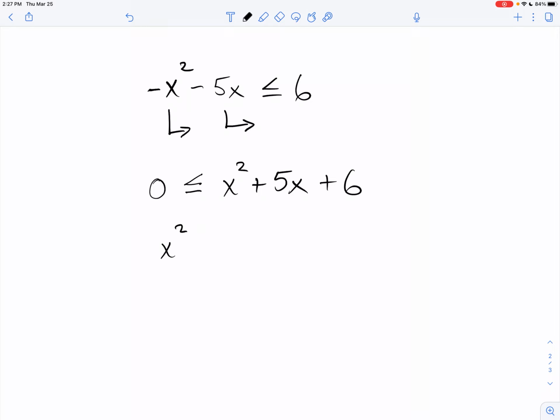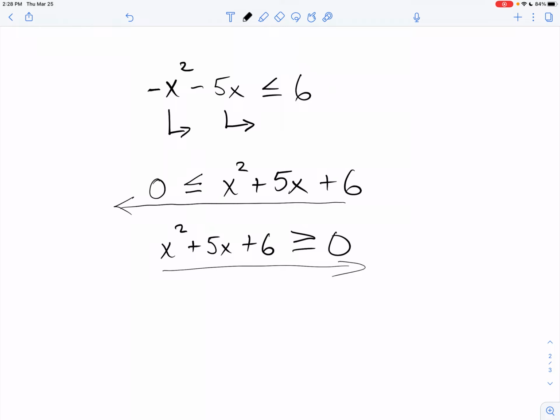Could I rewrite this and say, how about that? X squared plus 5x plus 6 is greater than or equal to 0. Instead of reading it backwards, because we always read from the variable to the number, this might be more pleasing to your eye. It is to me, so I do it that way.